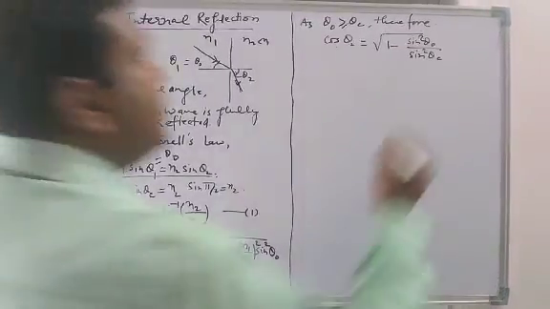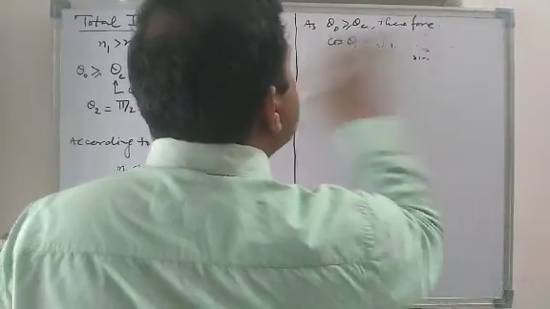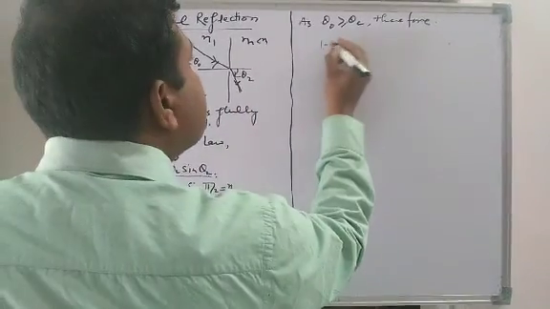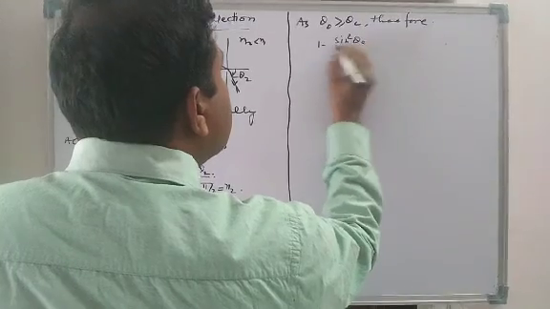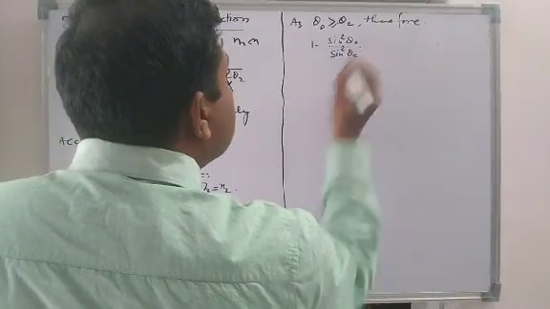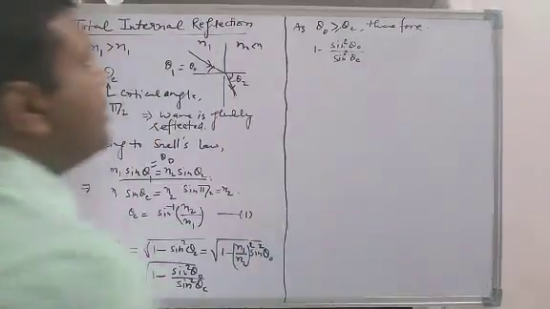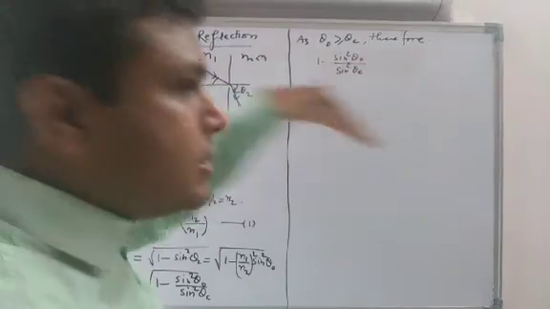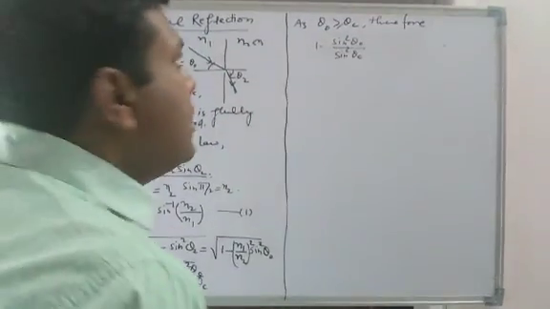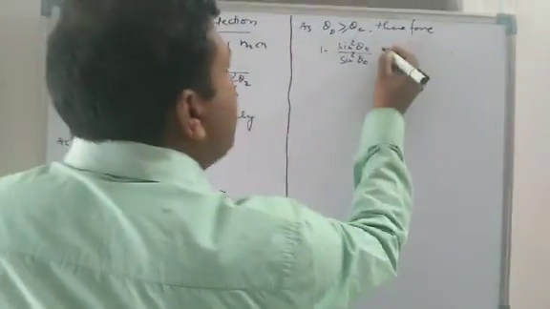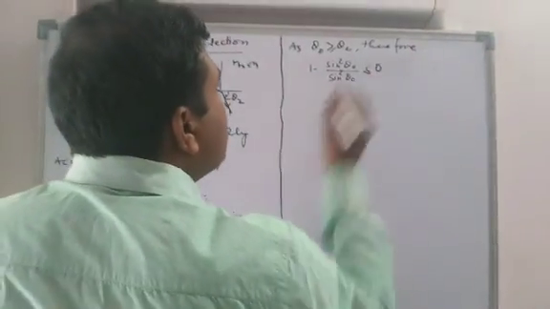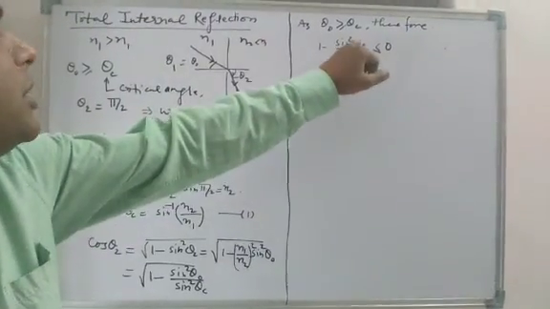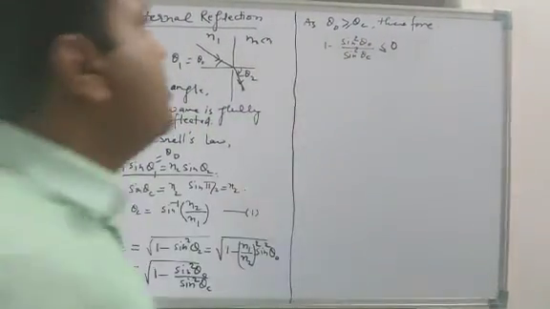So what should it be? Because when we move beyond theta c, sine theta 0 over sine theta c will have values greater than or equal to 1. And then we are subtracting from 1, so it should either be equal to 0 when theta 0 is theta c, or it should be less than 0.